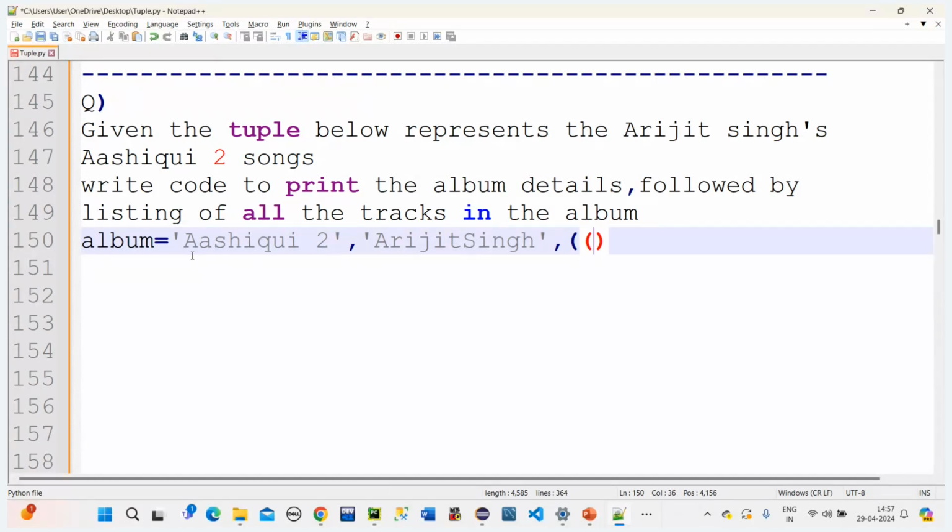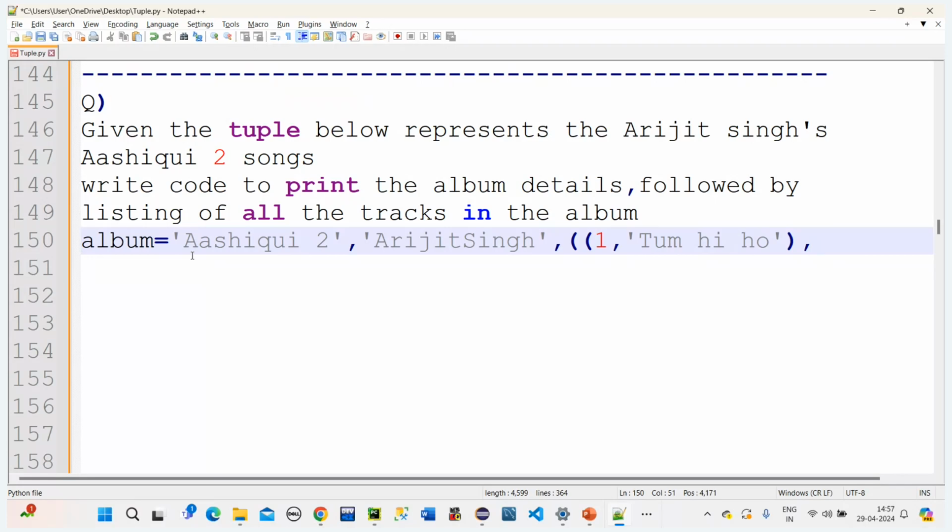First song. The first song is Tum Hi Ho. Okay. This is done. Now the second song is what?